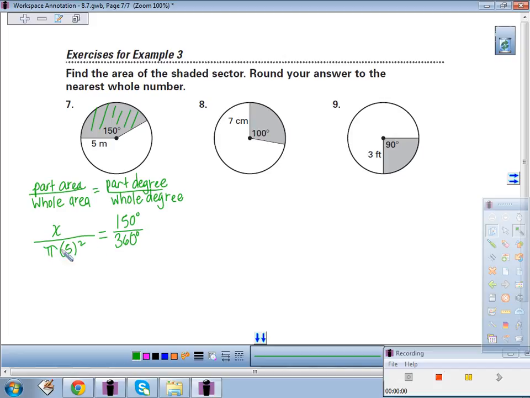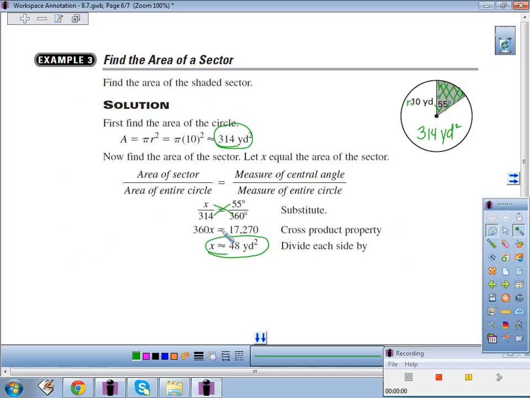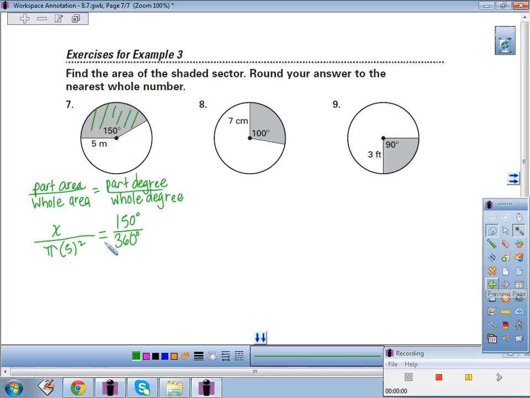Now, we might want to simplify this. And in the previous example, we had approximated the area here, and so we could do that here, or we could type it all and get an exact answer. So what I like to do is, well, I know this is 25 pi, and I like to keep it in terms of pi if possible.